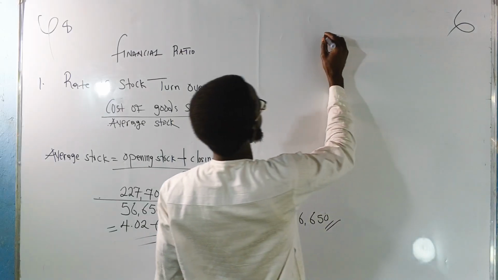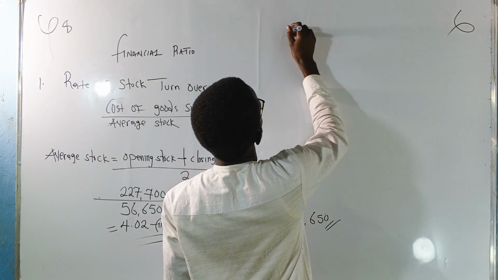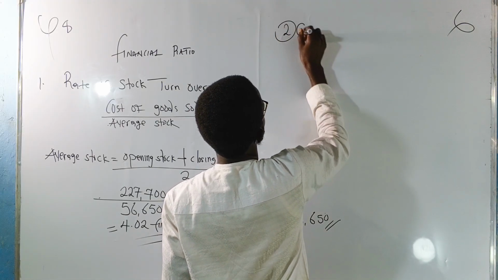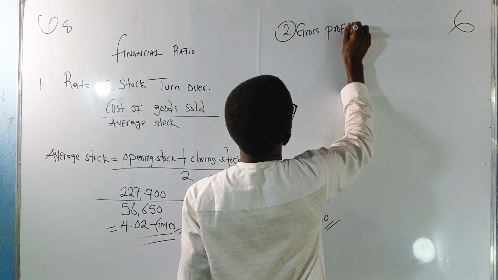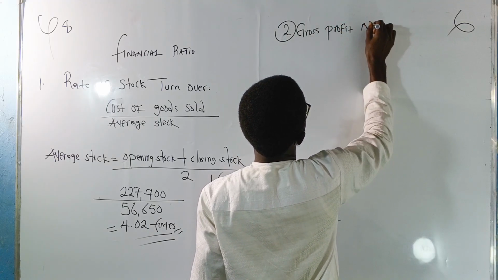The next one is gross profit margin, number 2. Gross profit margin.